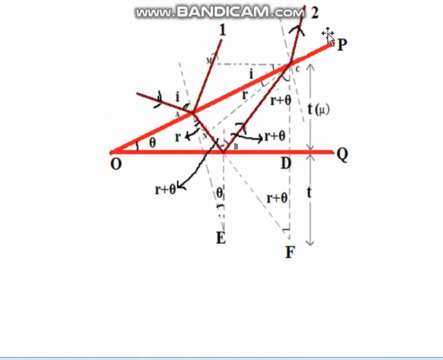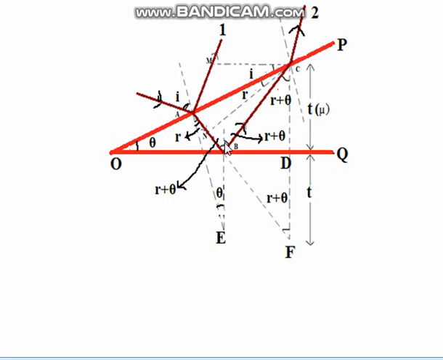So this angle will be the sum of r and theta. This angle is equal to r plus theta, because it is the exterior angle, and at point B there is a reflection. So the corresponding angle will be equal and therefore the nearby angle will also be equal to r plus theta. So both angles will be r plus theta and r plus theta.